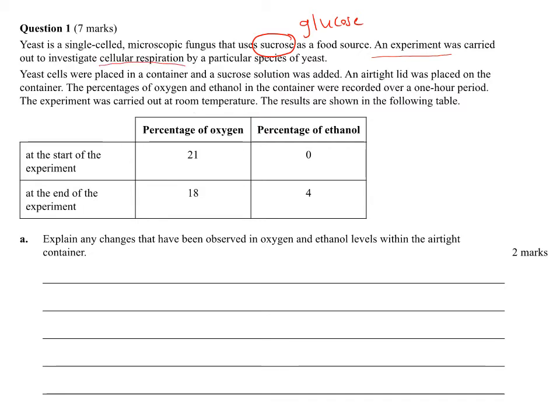Yeast cells were placed in a container and the sucrose, so the food source, was added, and an airtight lid was placed on the container. The measurements were taken of the percentage of oxygen and of ethanol in the container over a 1-hour period.